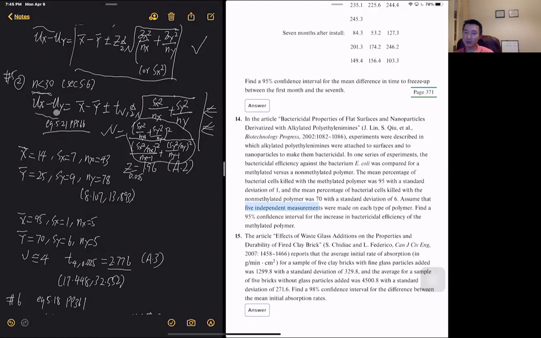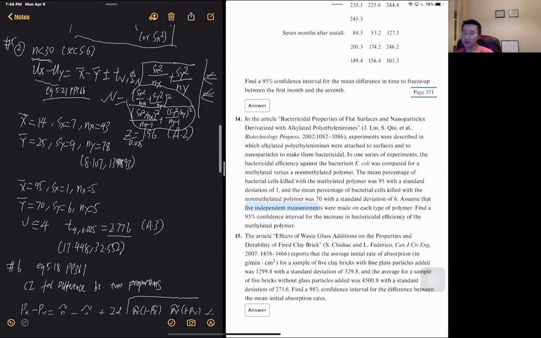So mu x minus mu y is a function of sample mean for x minus sample mean for y, plus or minus the t value based on table 8.3. Here v is the degree of freedom, which is a function of Sx, Nx, Sy, and Ny, with half alpha, and also the sample variance for x and sample size for x, sample variance for y and sample size for y.